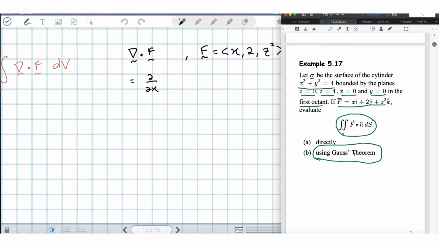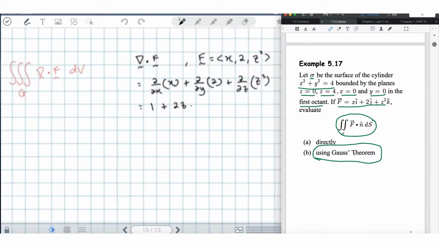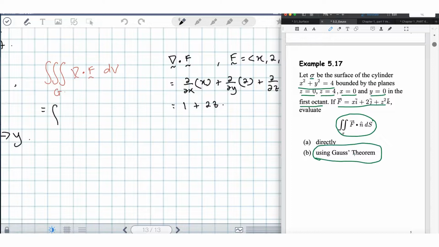So del x of x plus del y of 2 plus del z of z squared. So we have 1 plus 0 plus 2z. So what we got here is 1 plus 2z in dV. So that is our integrand.